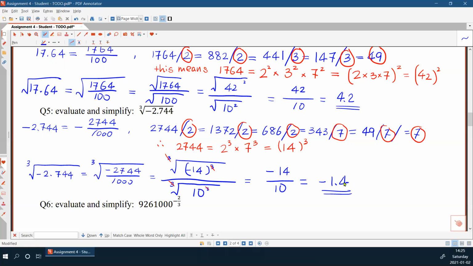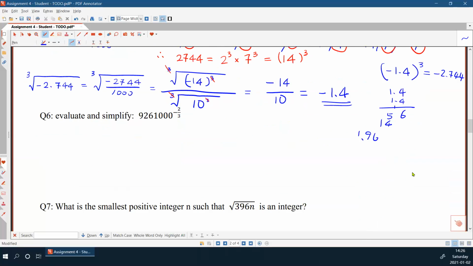And also remember, you can always check your answer. All right, let's check the answer here. If minus 1.4 to 3 times equals minus 2.744. Okay. So 1.4 squared is 1.96, right?